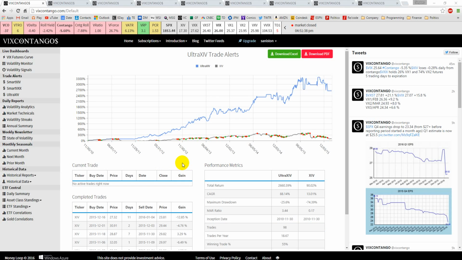Overall, the strategies can be used to complement your trading. They're not supposed to be foolproof. They're essentially a signaling guide. When the Smart XAV and the Ultra XAV are invested, it's a good time to be in the XAV. If the Smart VXX is invested, it's a good time to be in the VXX. But when neither of them are invested, it's a period of time where it's uncertain, where we don't have a good direction.